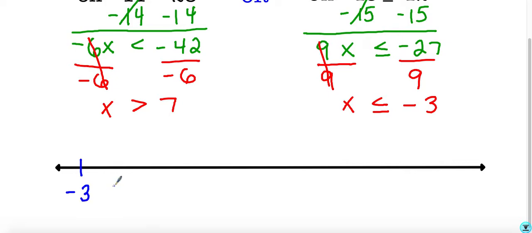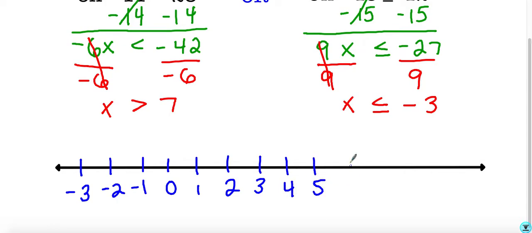So negative 3, negative 2, and I could go a few more if I wanted to.